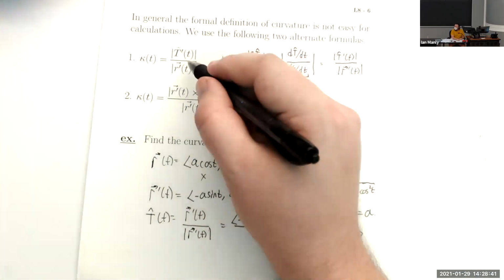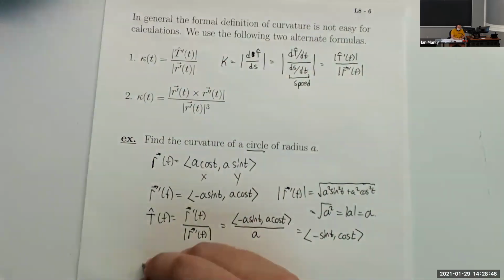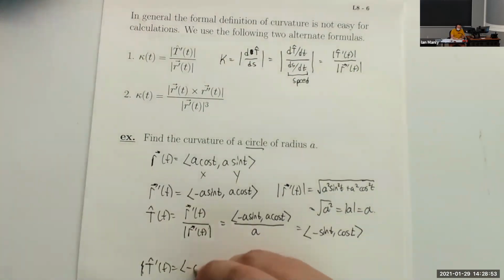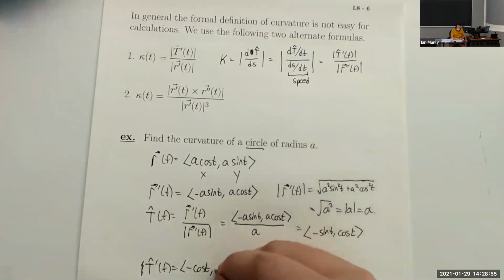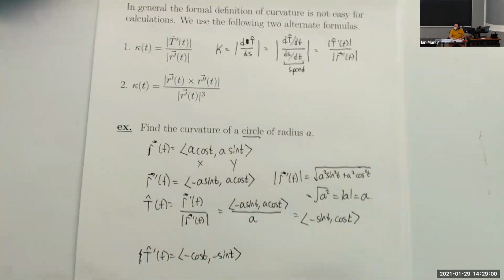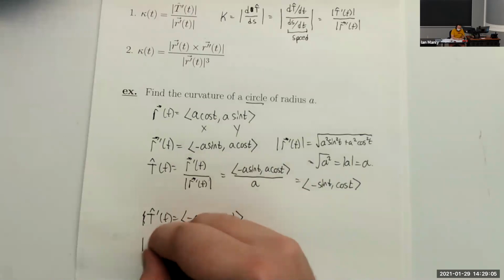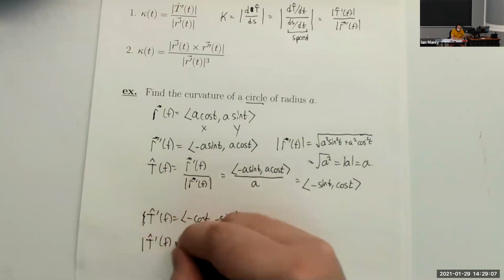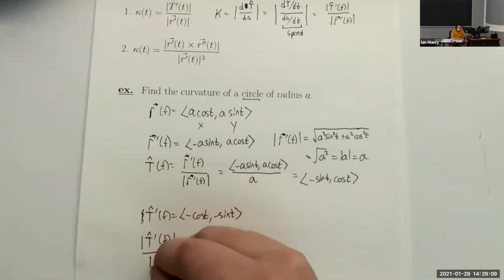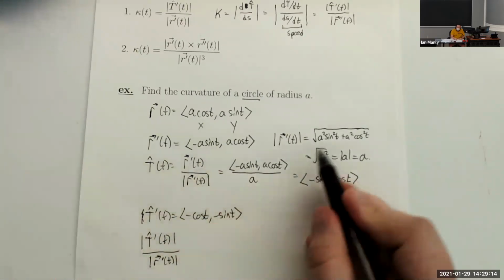The last thing we need to figure out that we don't know yet is the derivative of that. So let's take a look. The derivative of this is going to be negative cosine of t, negative sine of t, right here. Now we just need the magnitude of this divided by the magnitude of r prime, which we already figured out earlier.